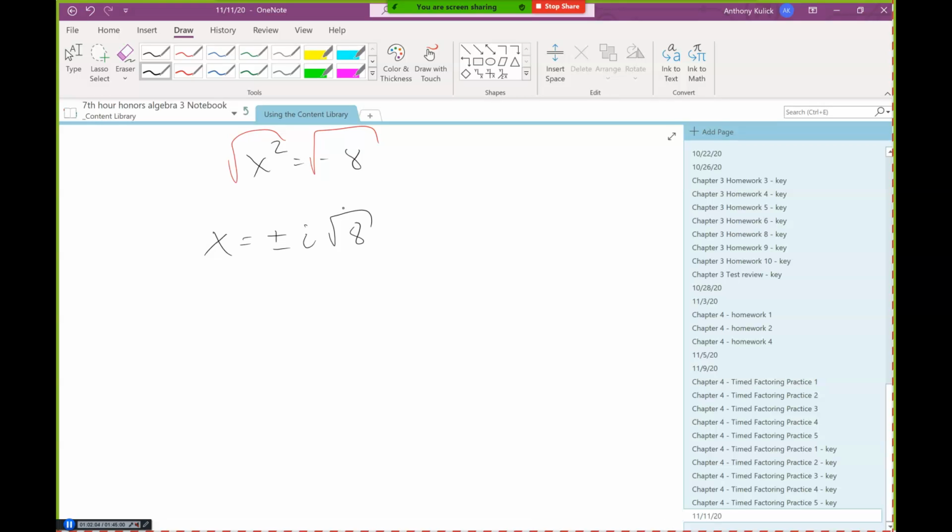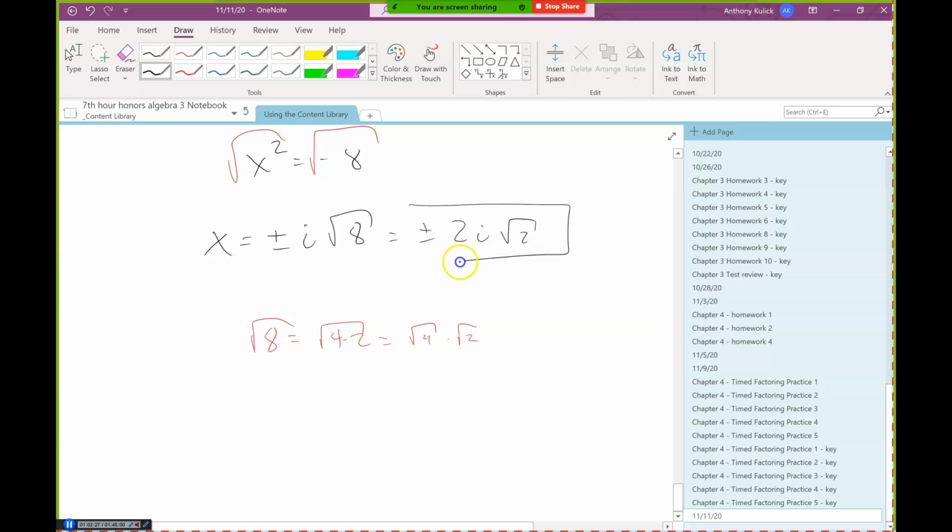Can I do better than that? Remember that 8 is equal to 4 times 2, right? So the square root of 8 has to equal the square root of 4 times 2, or the square root of 4 times the square root of 2. So I can really think about this as 2i square root 2.